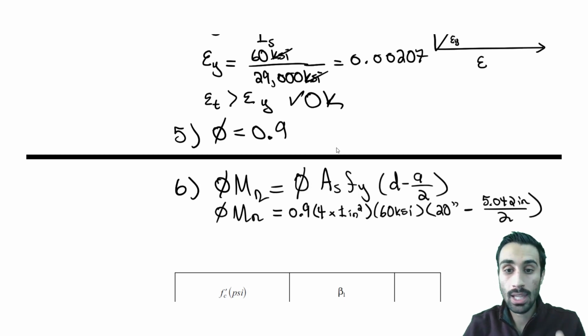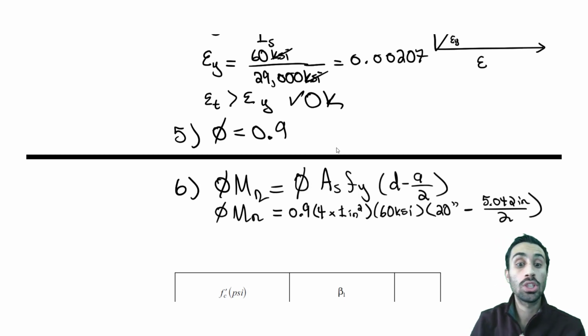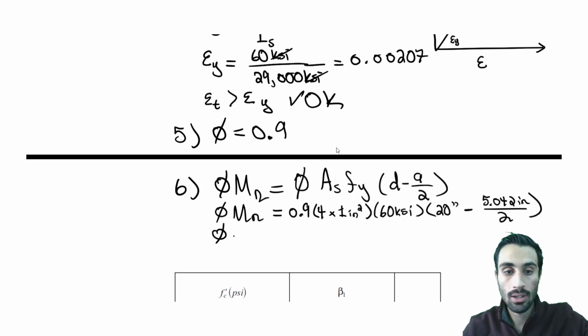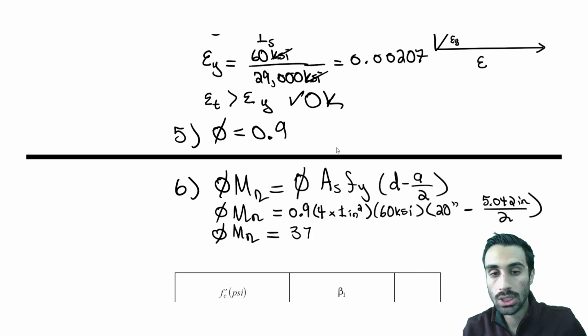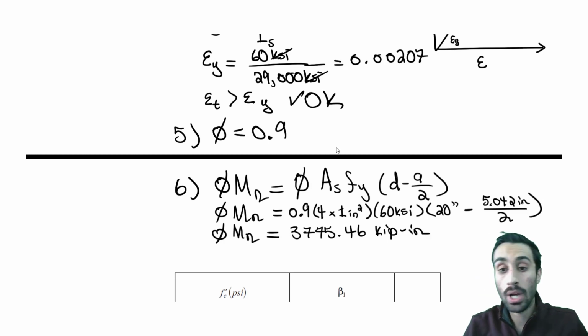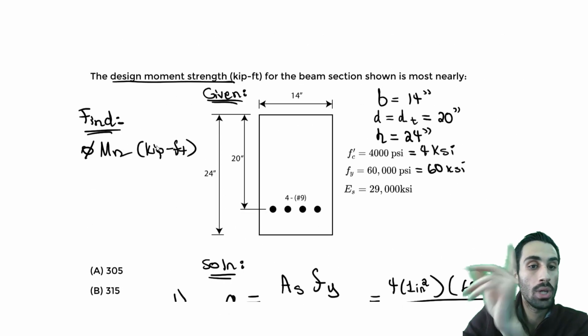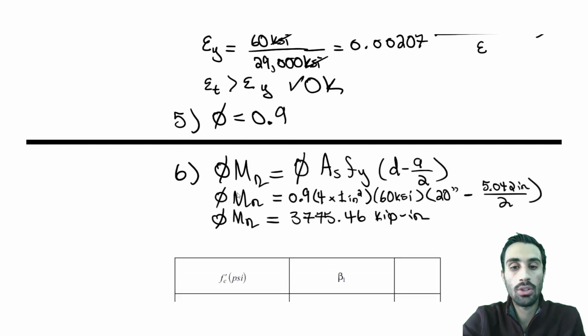So now phi Mn, in this case, if I ask you what units you should get, it's a moment, so it's a force times distance. So it's going to be kip for the force times inches for the distance. So phi Mn, when you do that, you get 3775.46 kip-inch. And note at the very beginning, what units did we want? Kip-foot. So how would you get that to kip-foot?